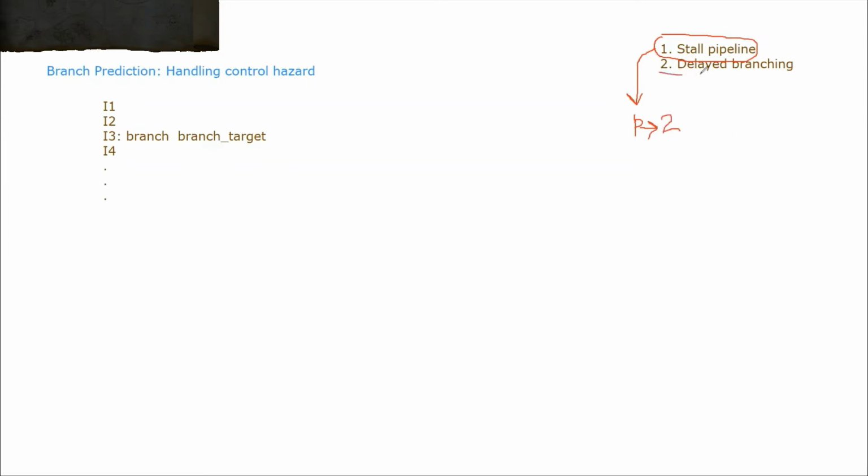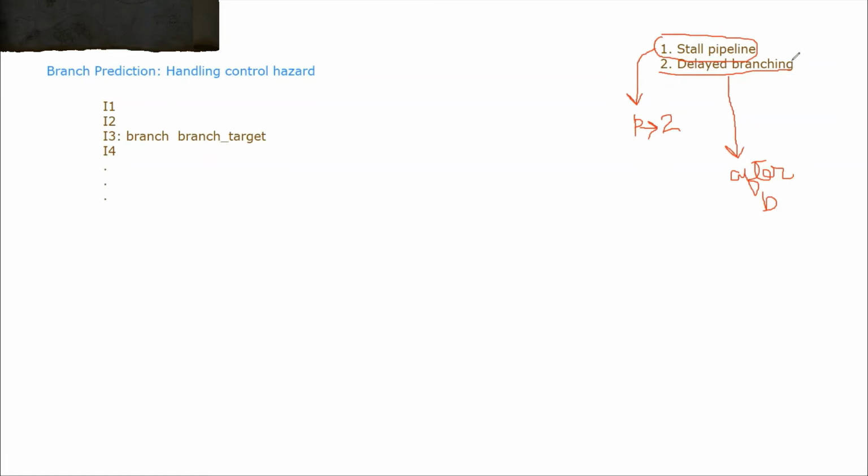However, in delayed branching, we were inserting 2 instructions after the branch. The characteristic of those 2 instructions is that they are always executed irrespective of whether the branch is taken or not taken.